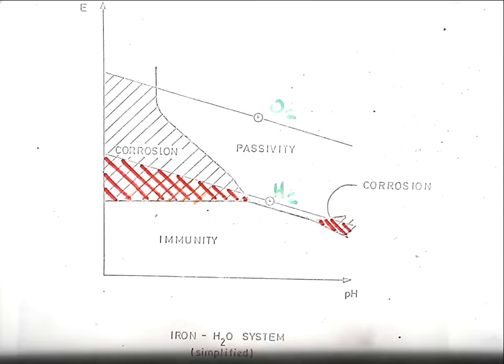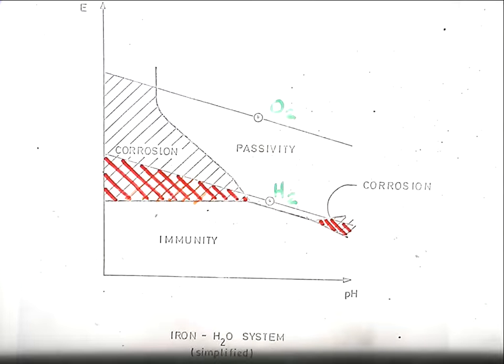So you get corrosion at more anodic potentials. At cathodic potentials you get immunity, just left with the steel or iron unreacted. At high pH you can get some corrosion. At low pH you get a lot of corrosion.